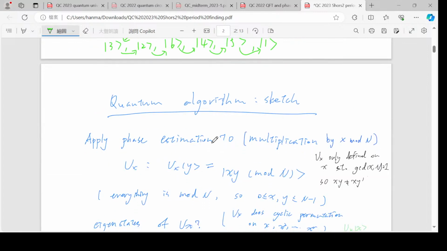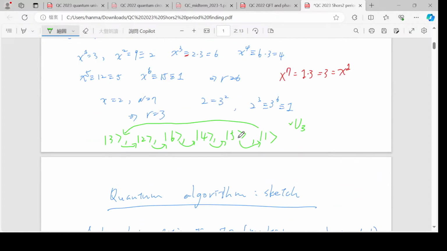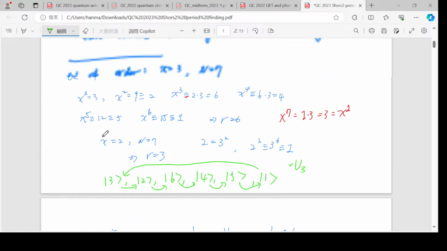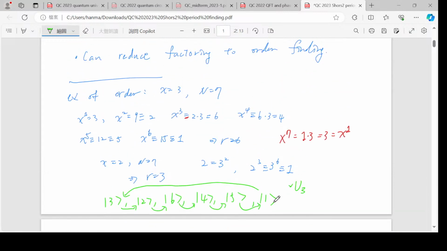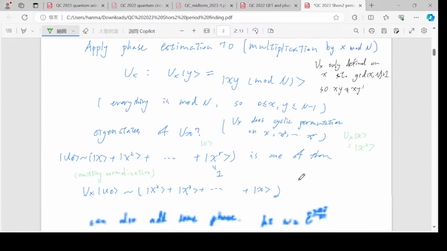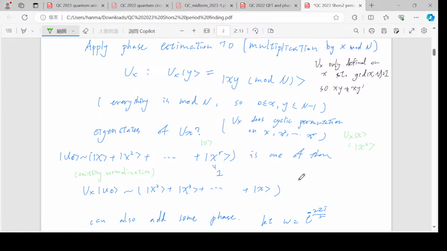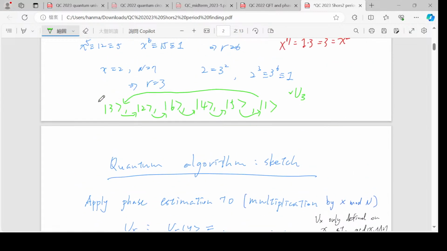So you have the cyclic permutation that is done by the u3, because this is basically just a classical computation. On those computational basis states, ket 1 multiplied by u3 becomes 3, ket 3 becomes 2, and 2 becomes 6, etc. We have this cyclic cycle, but neither of those is an eigenstate of u3, because when you multiply u3 on 1, it becomes something else.